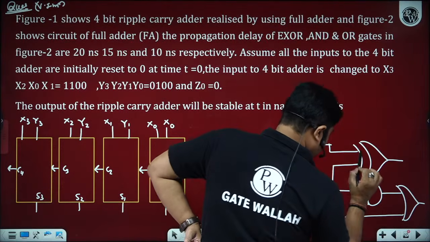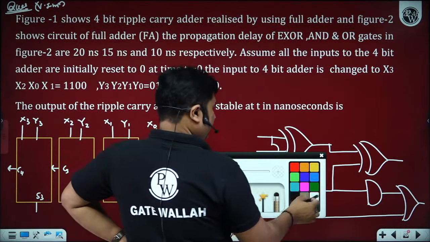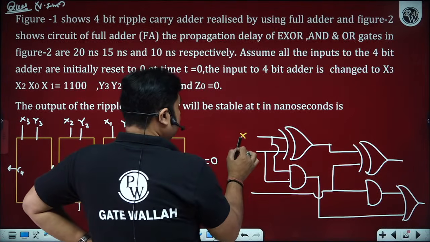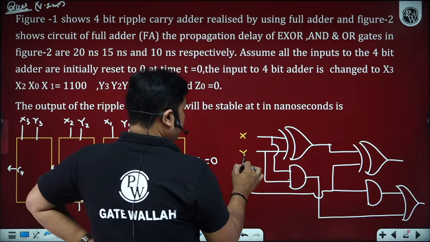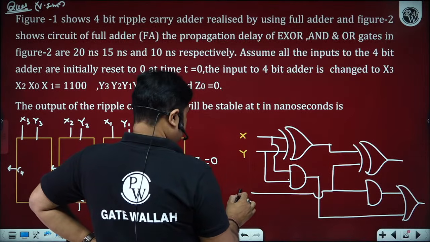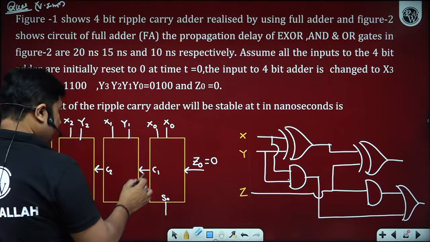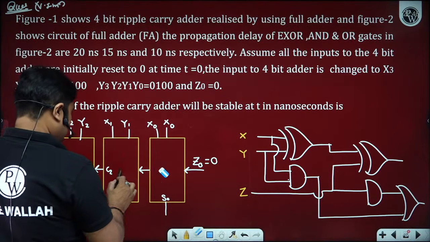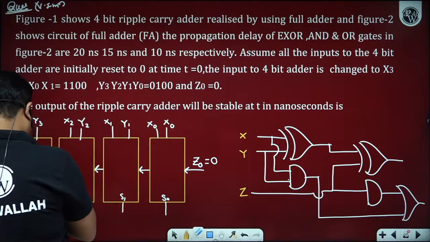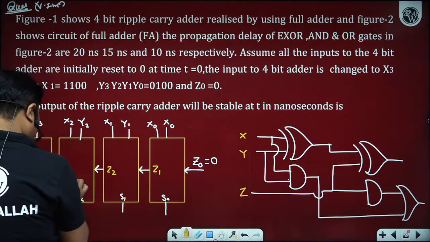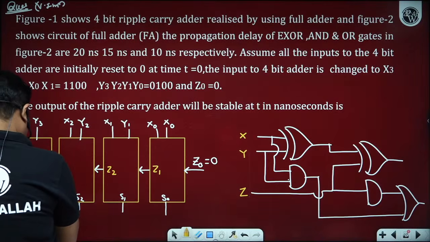So this is the circuit. The circuit is, we have x, y and z. Here it is in the form of z or c. Let me write z: z0, z1, z2, z3 and z4.